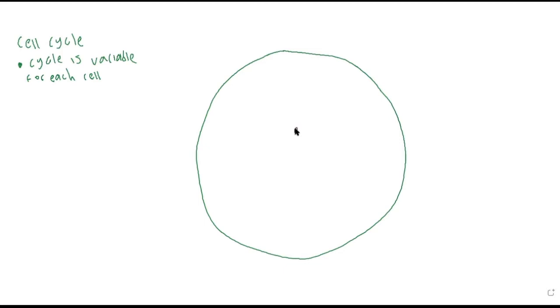And the first one is something that we call G1. So G1 lasts quite a while. G1 is the stage that occurs right after mitosis. So this is a period of normal cell functioning, meaning that the cell has been synthesized.